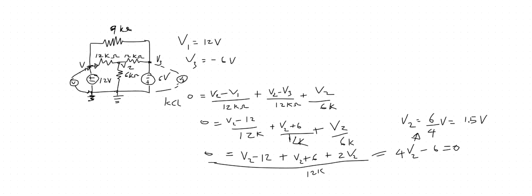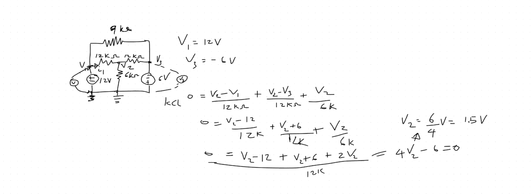If this current is I1, how do you find I1? You know V2 now, right? So what is I1? I1 is equal to what?